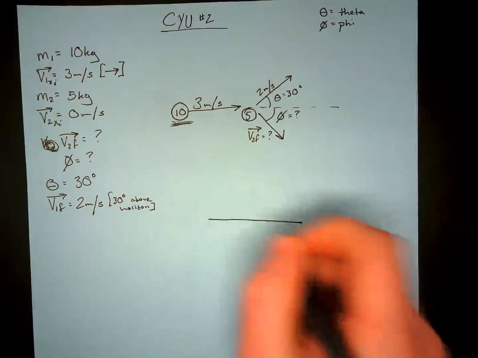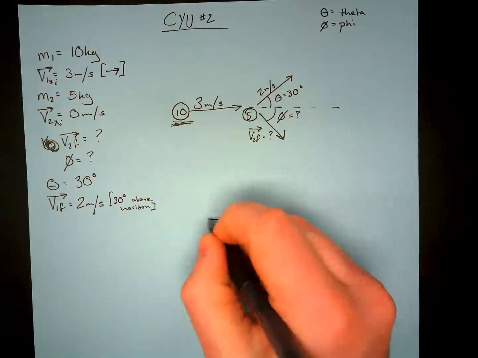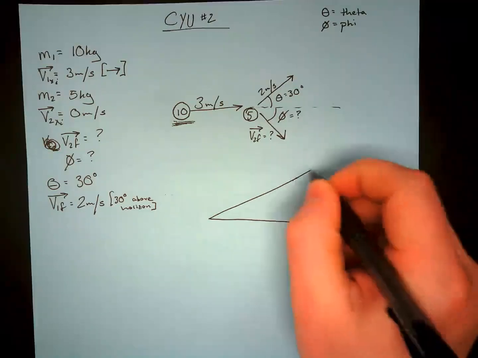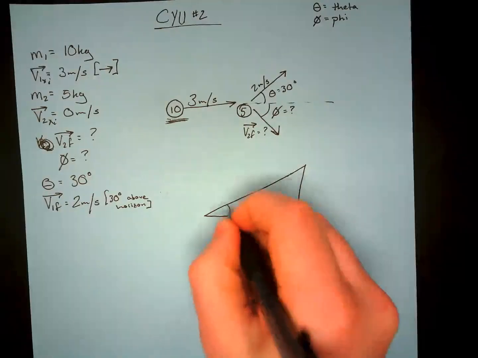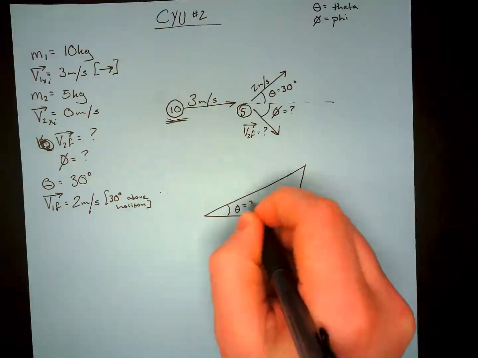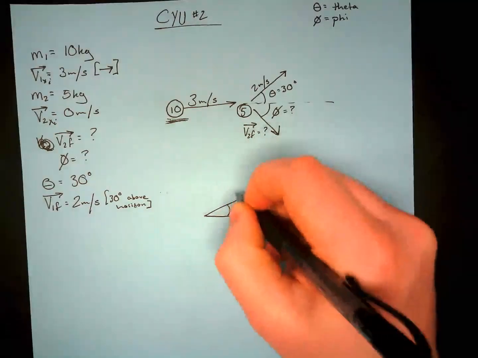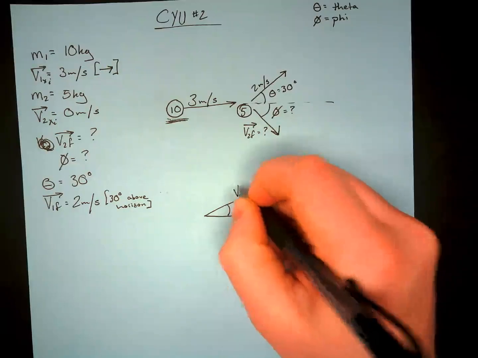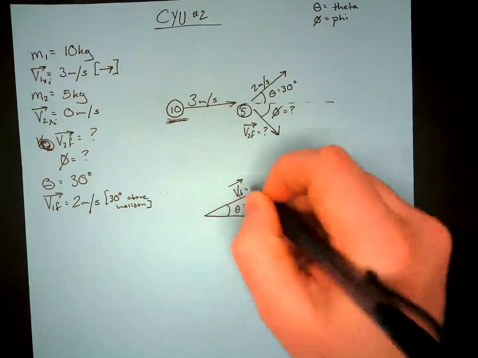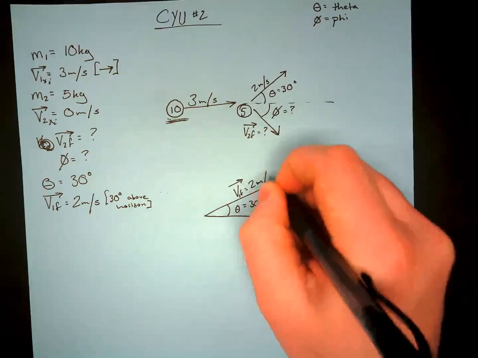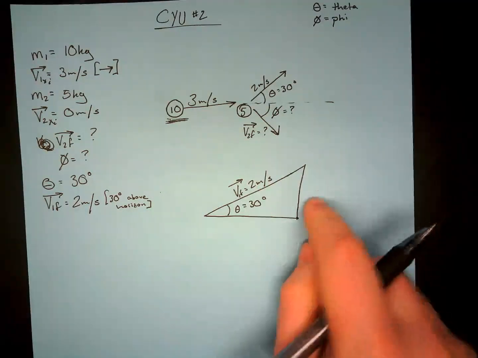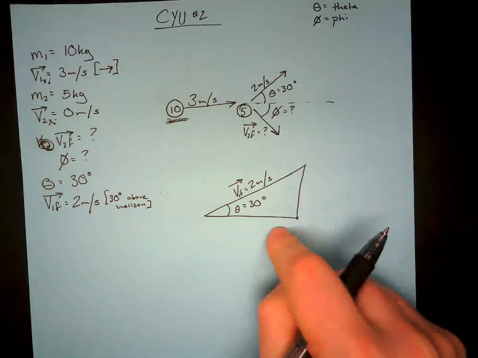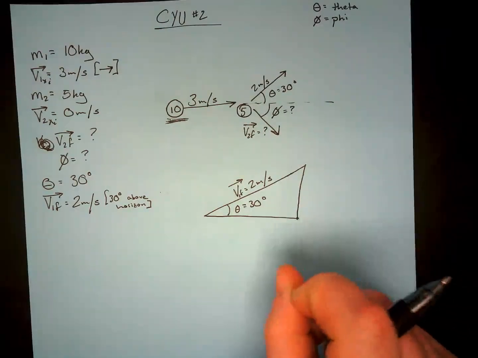So here's his horizontal motion, here's ultimately his final motion, and then here's his vertical. Okay, so he's got an angle here of 30 degrees. He's got a final velocity here of 2 meters per second. Okay, now we need to find out what these two components are. Now, what are those two components going to be?